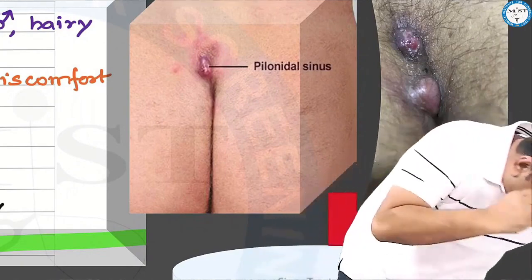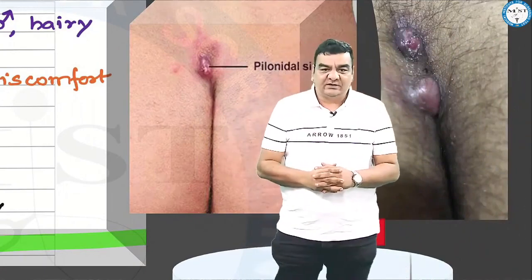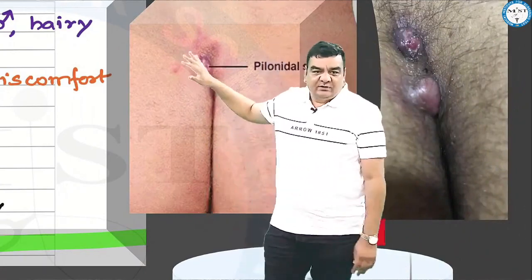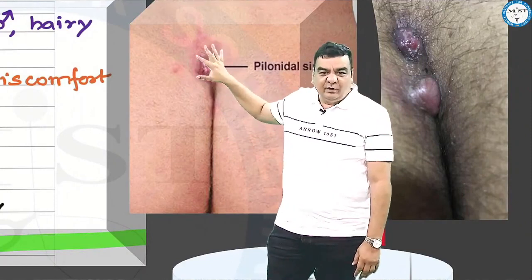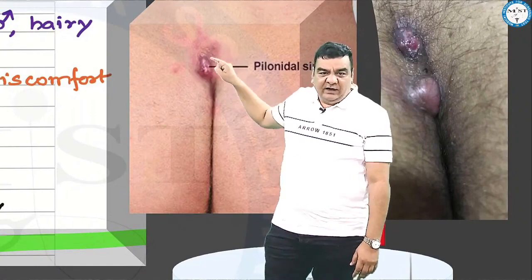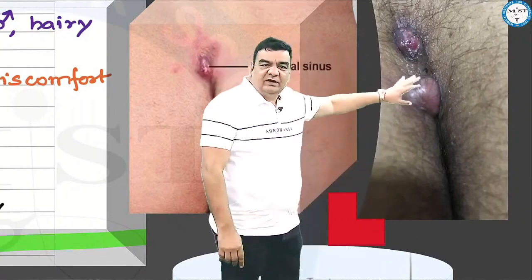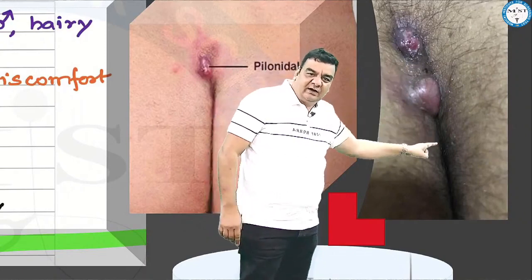Now, herein, what we are able to see, beta, those individuals who are sitting for long periods, what can happen? Especially males 20 to 29 years of age group, hairy gluteal skin, the hairs will keep on rubbing the skin of the intergluteal cleft. As we can make out, beta, this line is the intergluteal cleft.